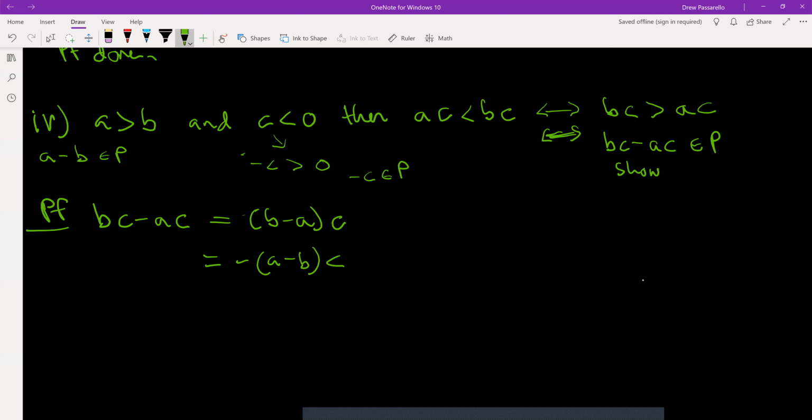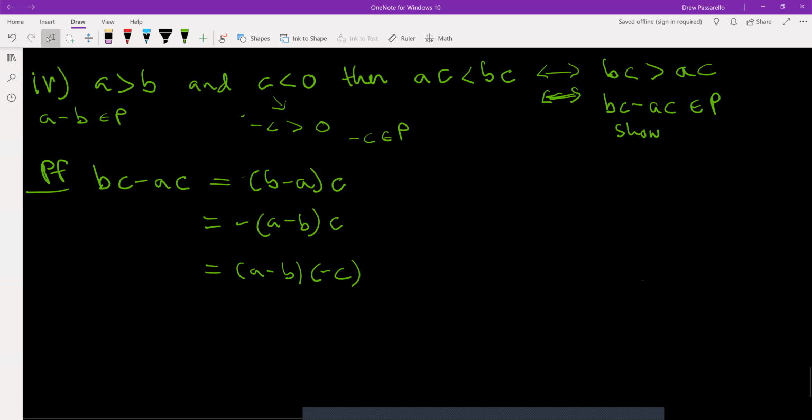All right, so if I bring the negative with C, I'll have A minus B times negative C. A minus B is in P by our assumption that A is greater than B. Negative C is in P because C was less than 0, so negative C is greater than 0.